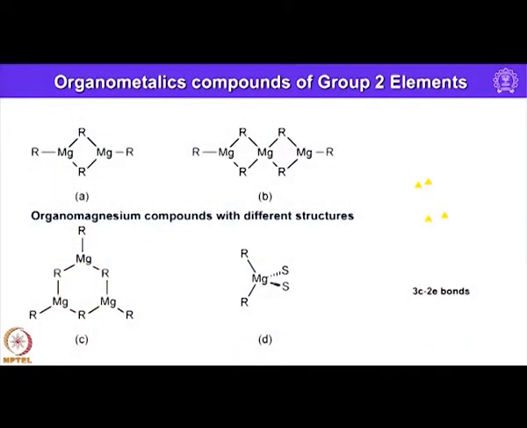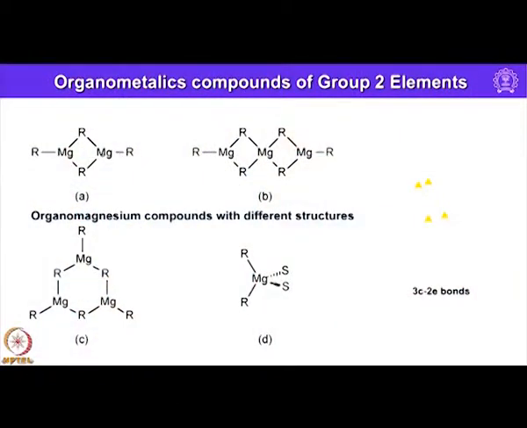I have shown some of the structures of Grignard reagents here. It can have simple dimeric structure in absence of any donor solvent such as ethers, or one can also think of having a trinuclear structure like this. And organomagnesium compounds also show cyclic structure like this, and most preferred one is this one, where in order to make it exist in monomeric form, okay, it has to be stabilized using donor solvents such as diethyl ether or THF.